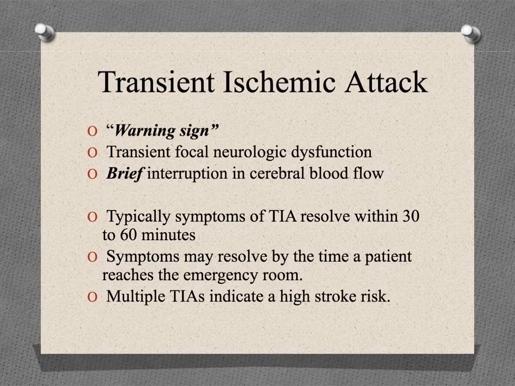Ataxia, which is a gait disturbance. They could have numbness, vertigo, aphasia, or slurred speech. So these are key features, and again, they are short-lived, usually resolving within 30 to 60 minutes.